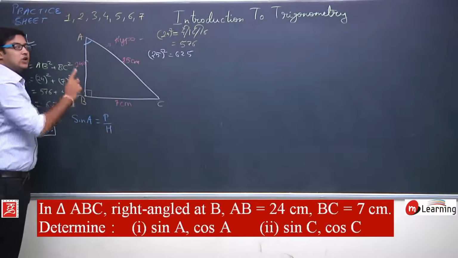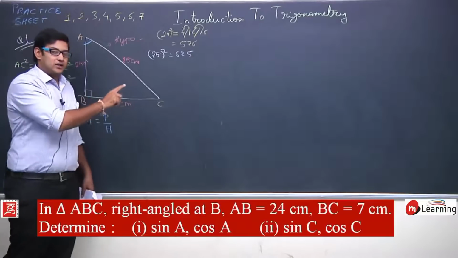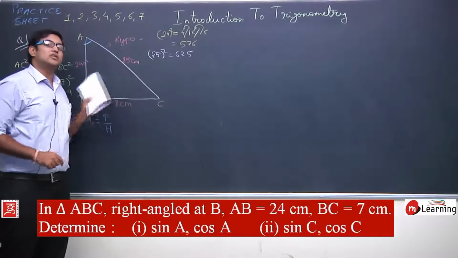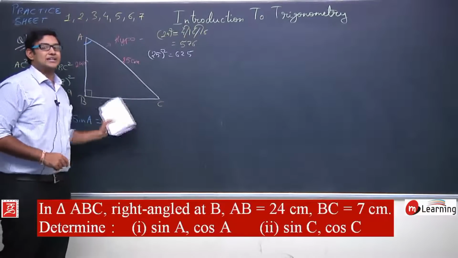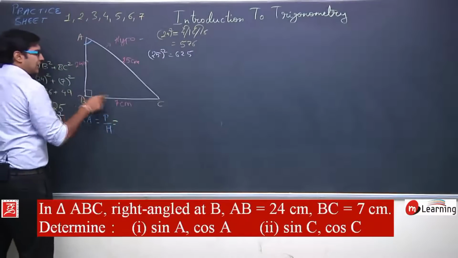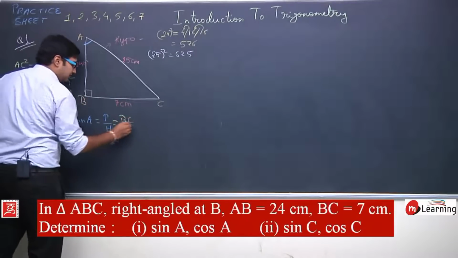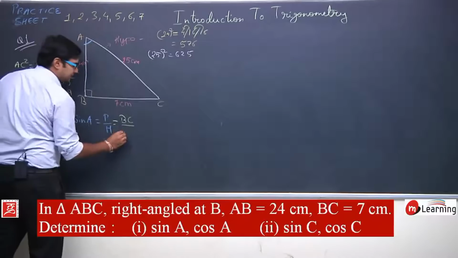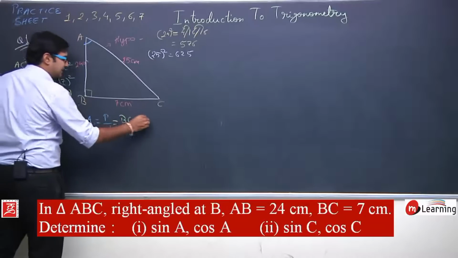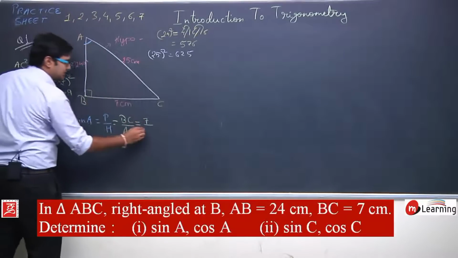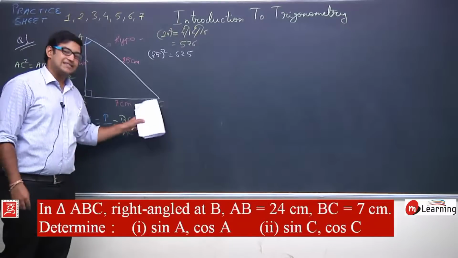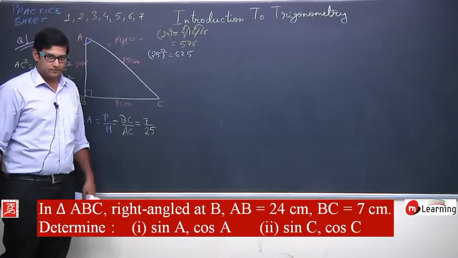AB side is not opposite to angle A. It is with angle A. And BC side is opposite to angle A. So definitely in place of perpendicular I can write BC upon hypotenuse, that is AC. Okay, so BC is 7 centimeter and AC is 25 centimeter. So sine of angle A is 7 upon 25.